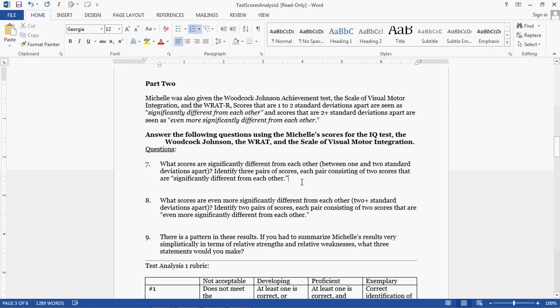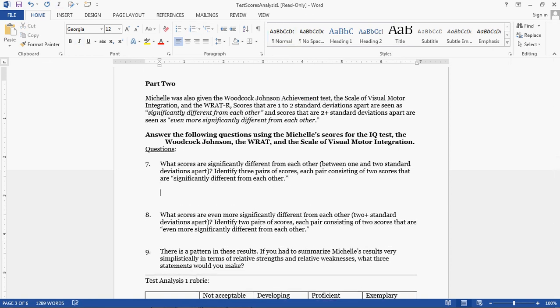So that means 1 standard deviation is 15. Another standard deviation is 30. So they've got to be in this range. So look at the scores on those tests and find ones that are between 15 and 30 for each one.